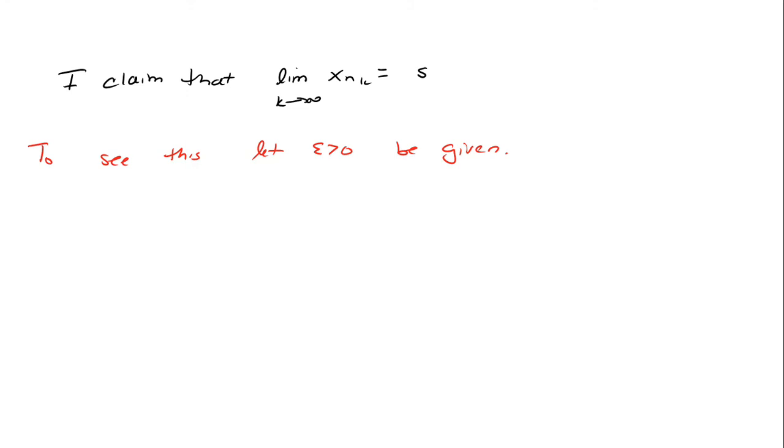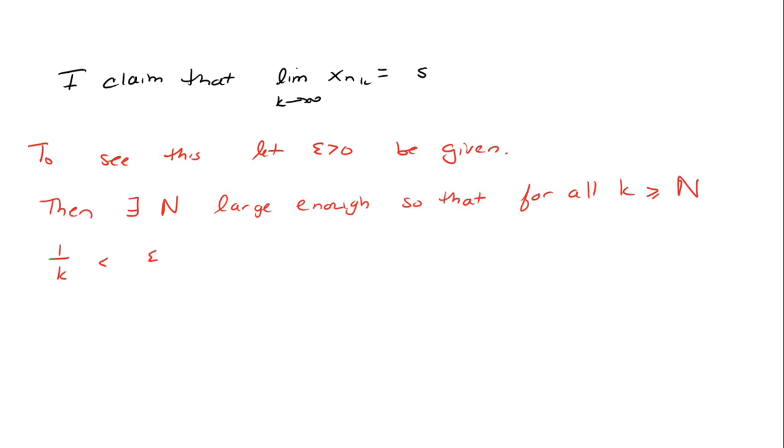So the way we prove convergence, it's like a template. We first start out with epsilon greater than 0 be given. Then I need to find an N. That's my job. So I claim that there exists an N large enough so that I can jack up the value of k so that 1 over k is less than epsilon. Here's how it works.